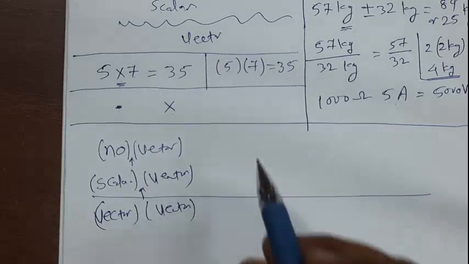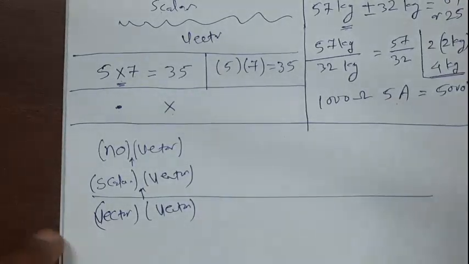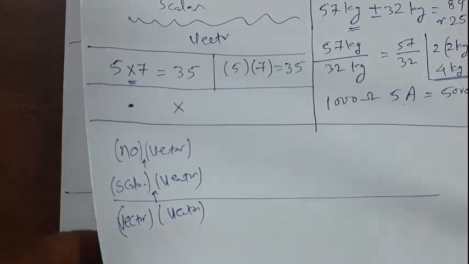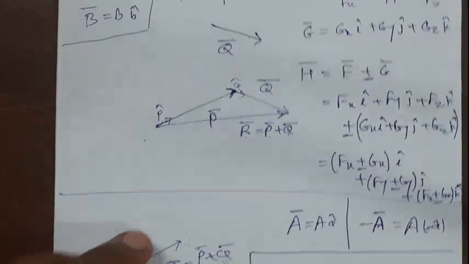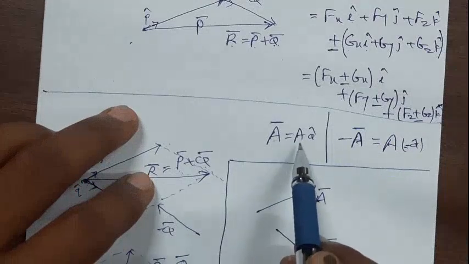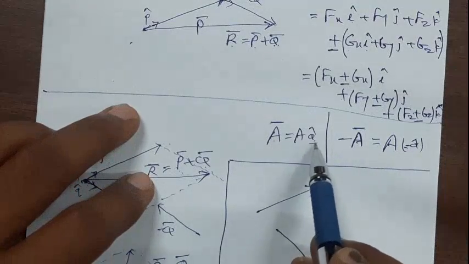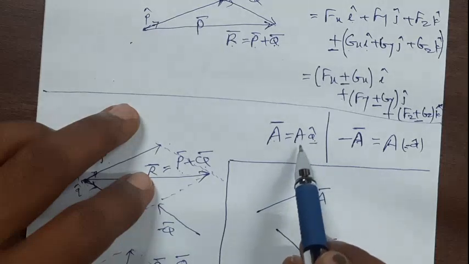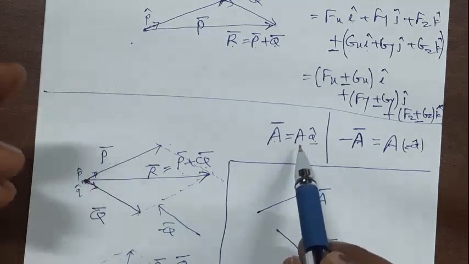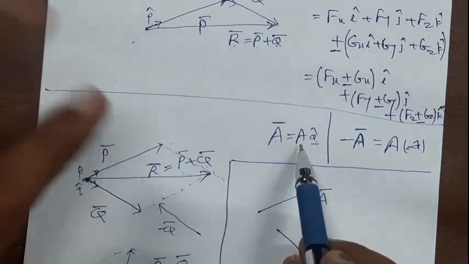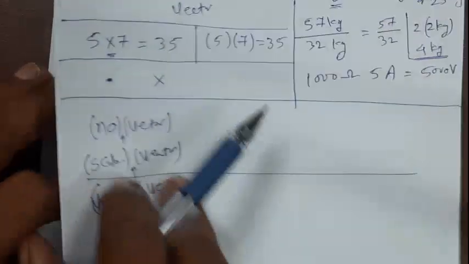See, when we discuss the magnitude and direction representation of a vector, we have observed that A bar is A A cap. That means A cap is a vector and I have to repeat this A times. Therefore, this is purely a number, it has no unit.